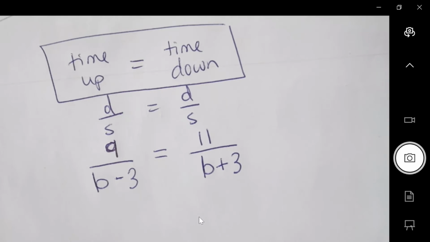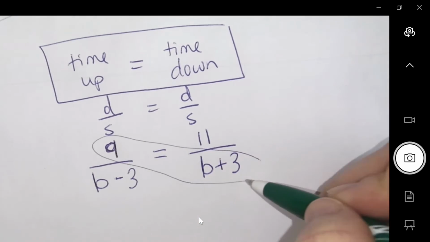Okay, there's our setup. So that was the hard part. Now you can go ahead and solve it. What would you pick as a strategy? Cross multiply or common denominator drop? Cross multiply.